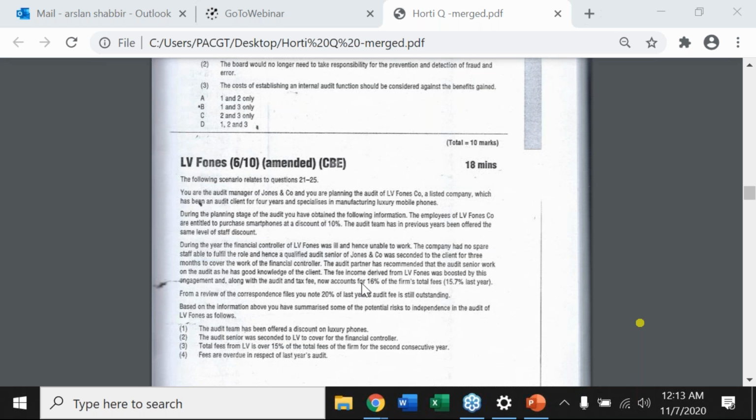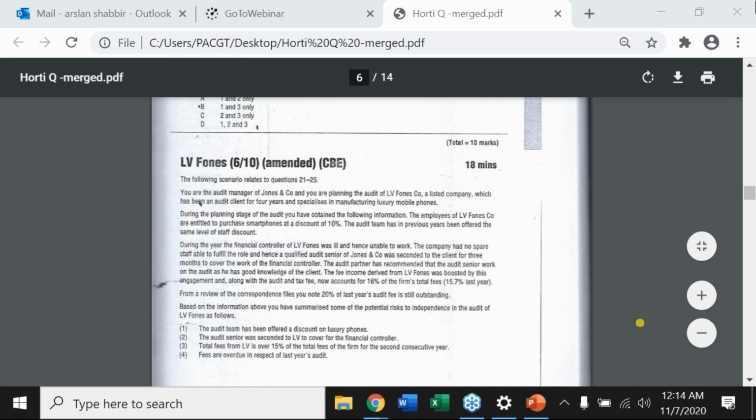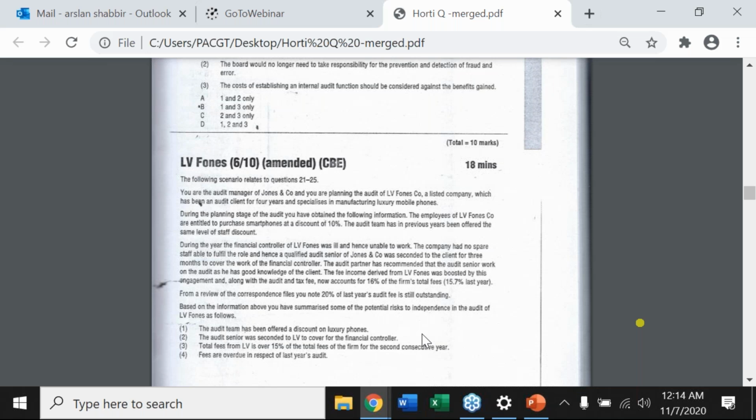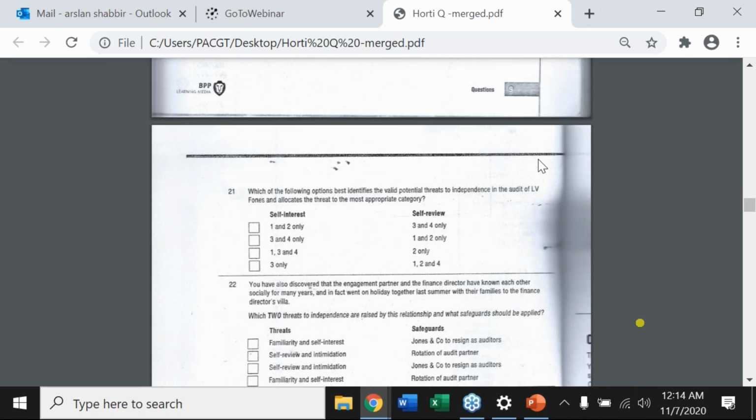So read the question. So now, who is saying option one is right, who is saying option two, and who is saying option three?